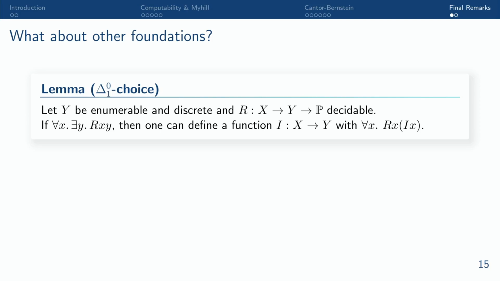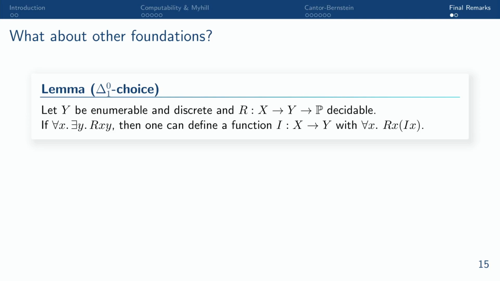And it says that if you have a type that is enumerable and discrete, so exactly our setting, and a binary predicate that is decidable, for which we know that for every x there exists y such that the predicate holds, then you can define a function, so not only the existence statement, but a function, for which the predicate holds.